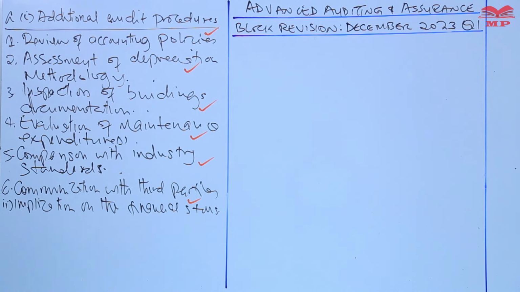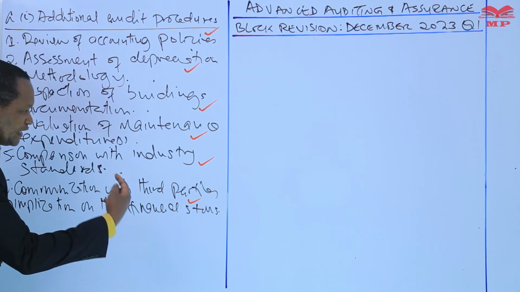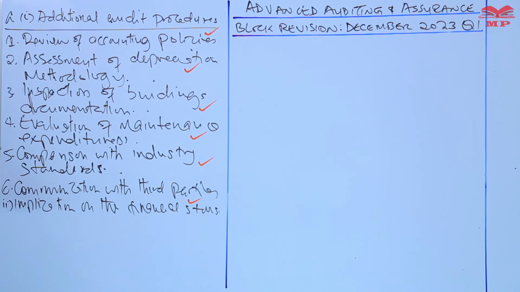Failure to provide for depreciation on buildings, despite being required by accounting standards, has several implications on the financial statements and consequently on the audit report. So what are these implications on the financial statements? The first implication is overstatement of assets.